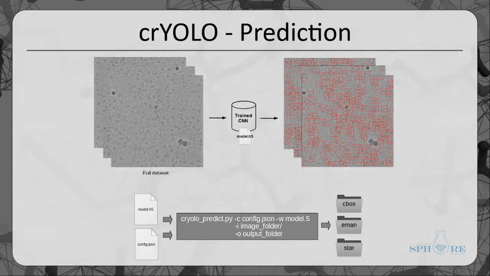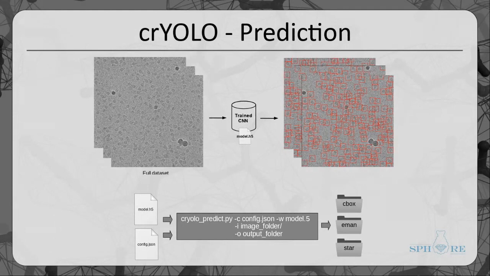Okay, the prediction is even easier than the training. You now have your model file, this model.h5 file in this case, and your configuration file. You specify them as parameters in the crYOLO predict command. You specify the folder where all your micrographs are, and you specify the output folder where the results are written.